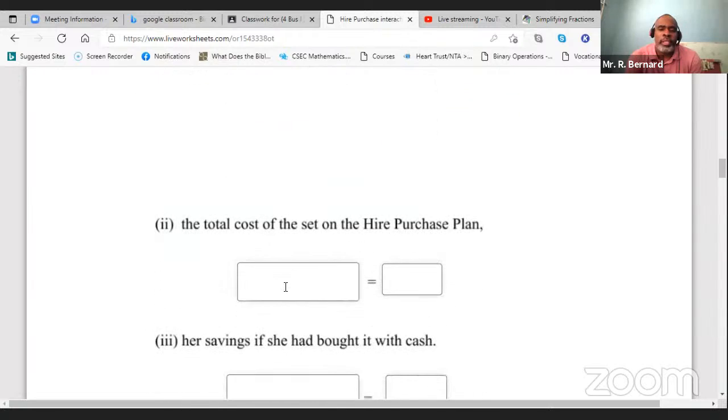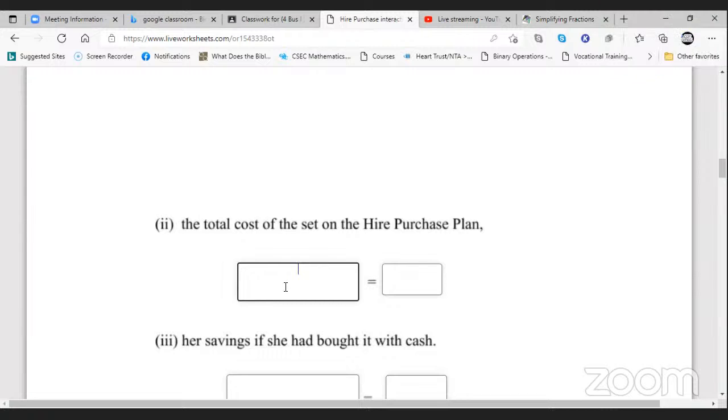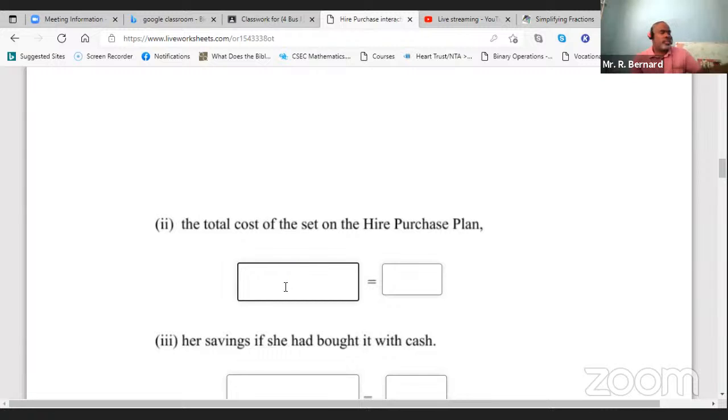Total cost of the set on hire purchase. What's the next step? Tell us what to do to get the answer.